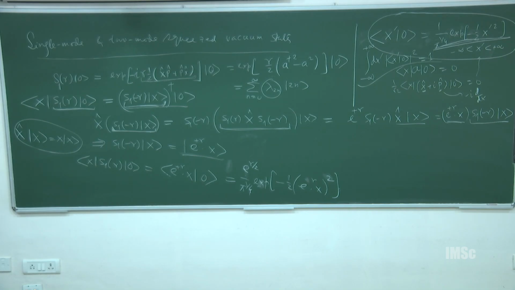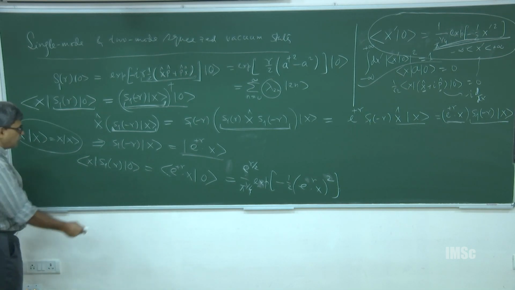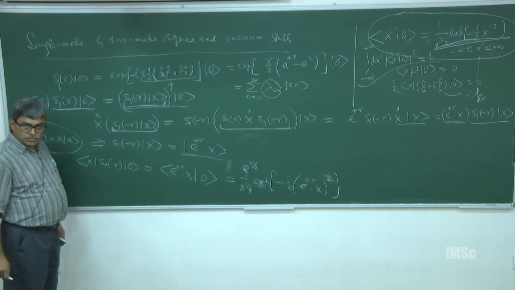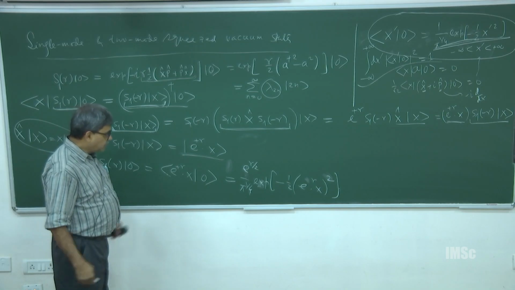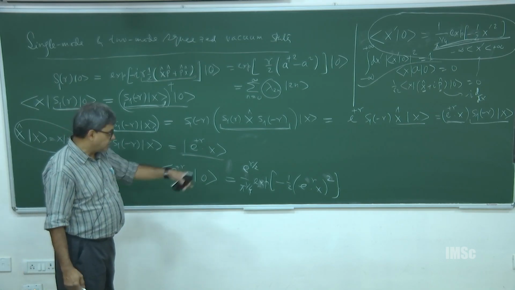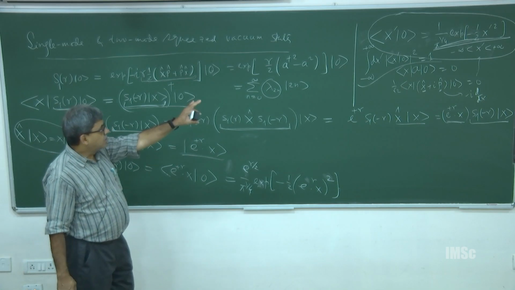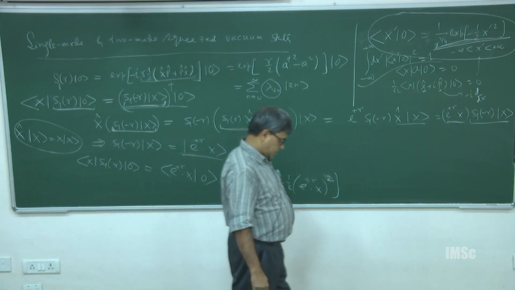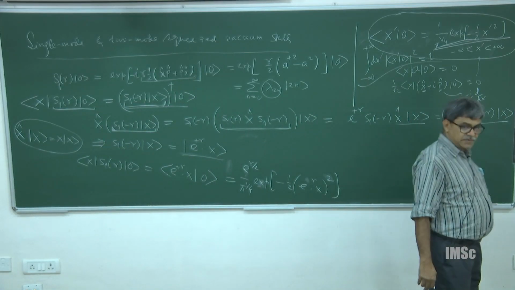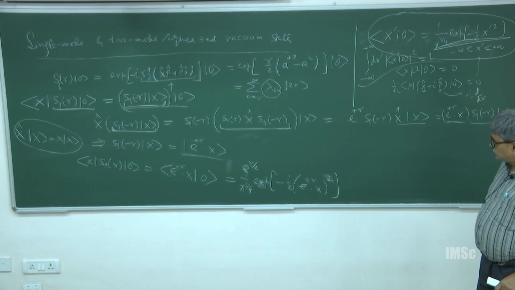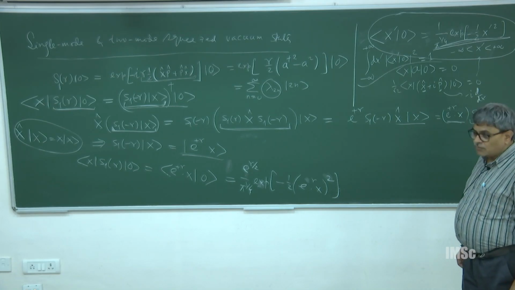So this is the normalized position wave function of the single mode squeezed vacuum state. And of course, this is Gaussian, like your ground state wave function. R is a parameter now, your squeezing parameter.